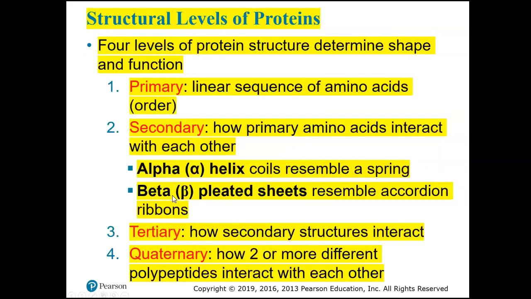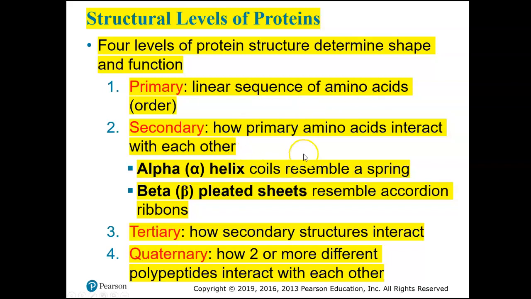That's called hydrolysis. The levels of protein structure are primary, secondary, tertiary, and quaternary. The primary level of structure is just the sequence of amino acids. So just picture a chain of amino acids just lined up in a chain. That's the primary structure.